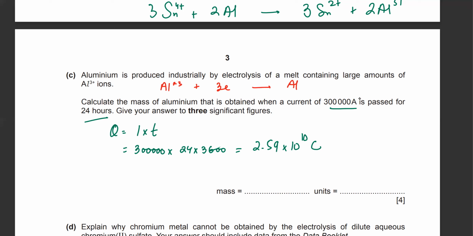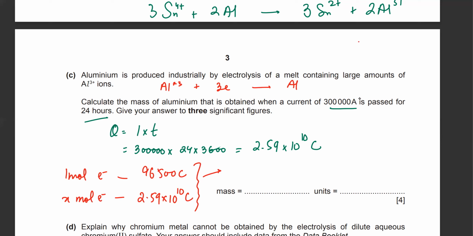Now, using that, you can find the moles of electrons that are passing through the circuit, because 1 mole of electrons has the charge that's equal to the Faraday constant, which is 96,500 coulombs. You have to remember that as well. So the moles of electrons are going to be 2.59 into 10 raised to the power 10 divided by 96,500.